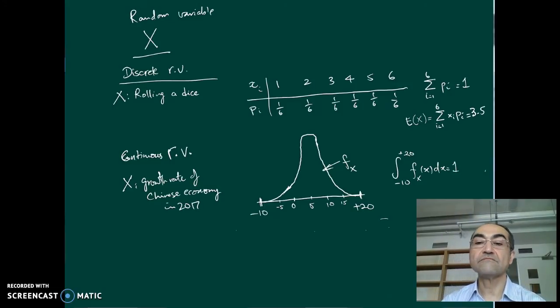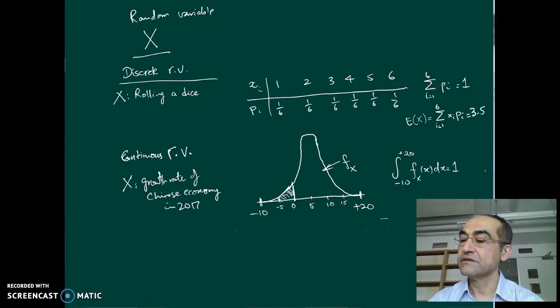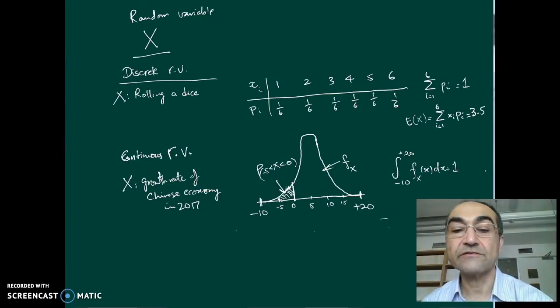And the probability of growth rate of Chinese economy being between any two numbers, say from minus 5 to 0, is given by the area. So that's the probability of x being between minus 5 to 0. The area under the curve between minus 5 to 0.